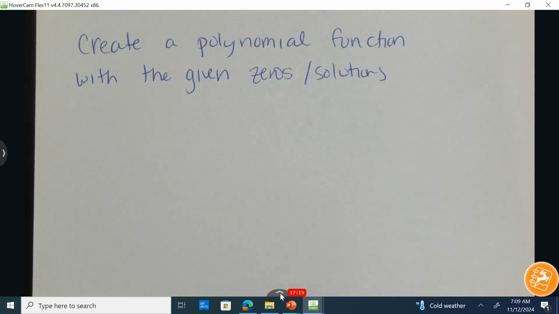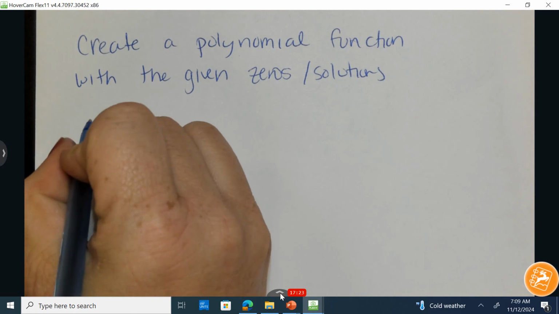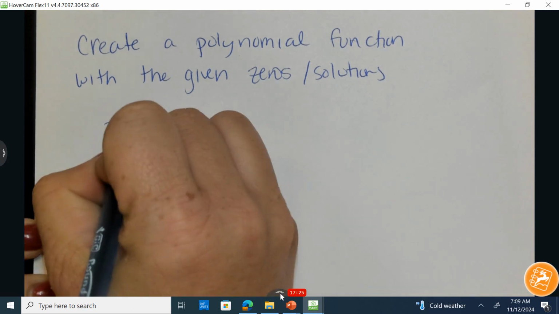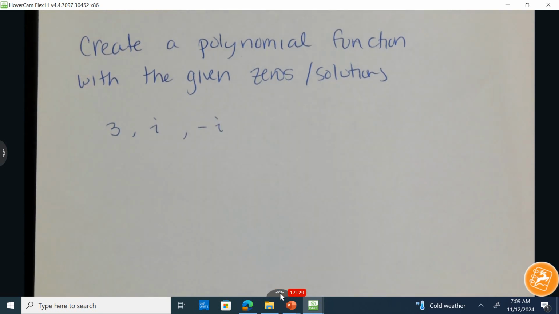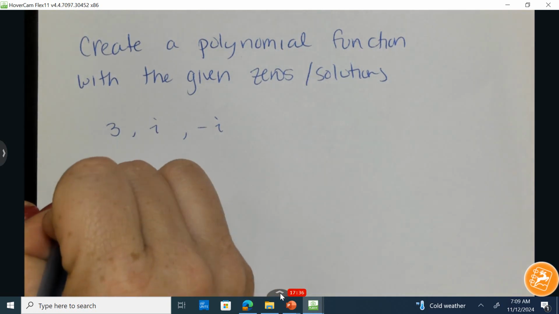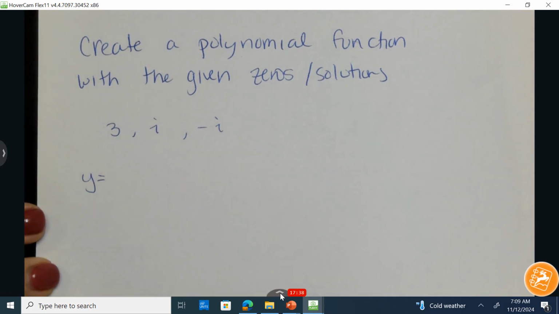All right, so now we're going to take what we learned how to do in a previous lesson, and apply it when we have complex solutions. So this next example, example number 5, we are told we have solutions of 3i and negative i. And we want to write a polynomial function with these given zeros or solutions. So let's get started. Let's write this right now as a product of linear factors.